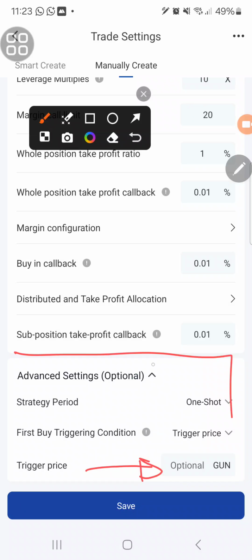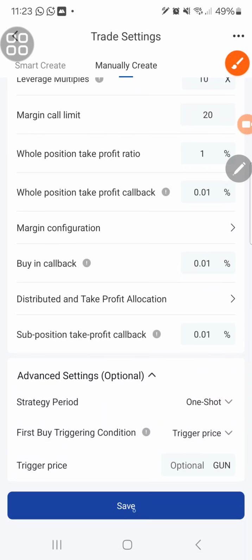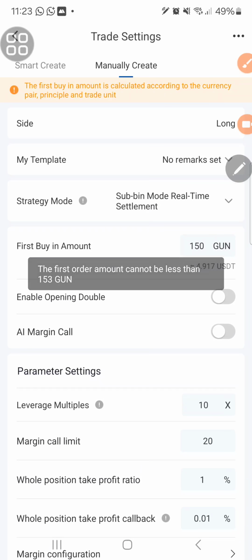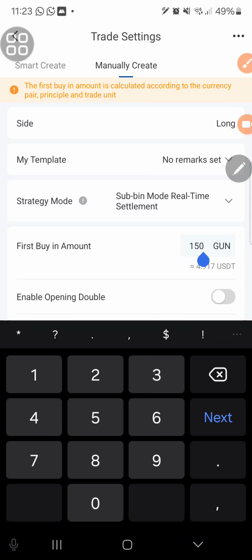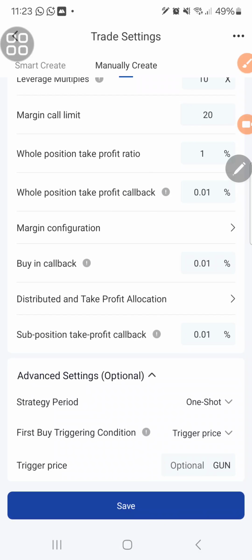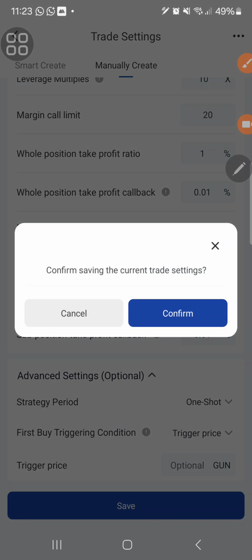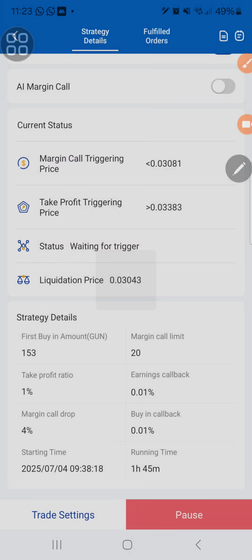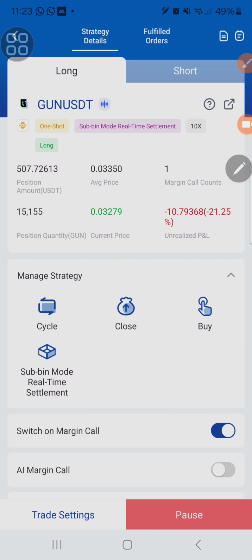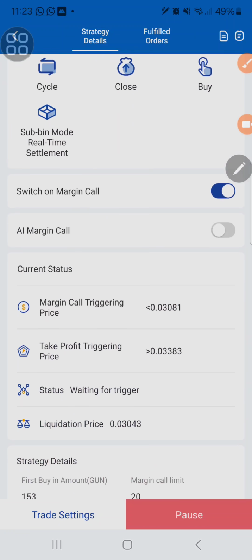You can set so many things down here, but I don't usually recommend people to use some of these because they're a bit complex. But they're good if you really understand them. So I think you have to come back here and save.